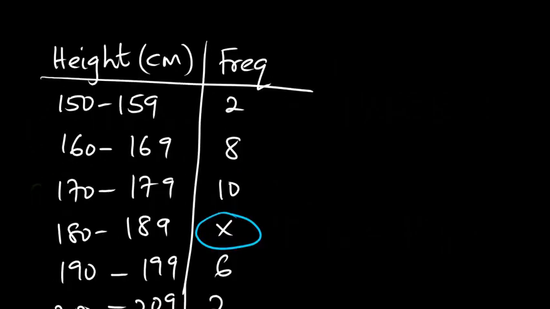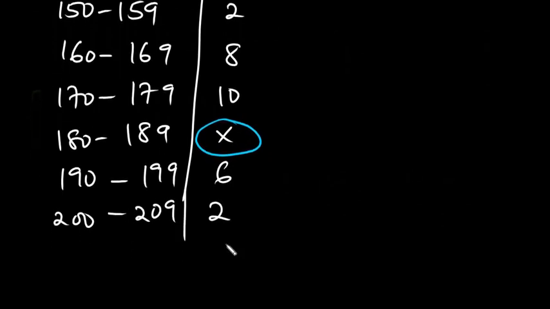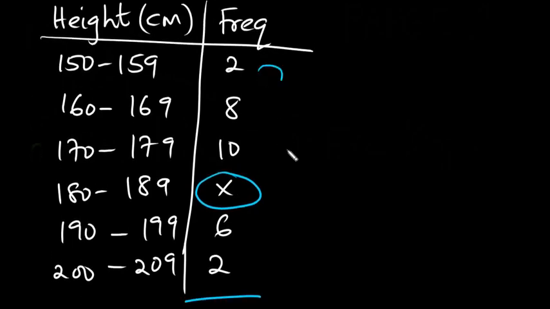So these athletes are 40 in total. That means the summation of the frequency is equal to 40, the total items, for this case athletes, is 40. So all these values, their summation should be 40.